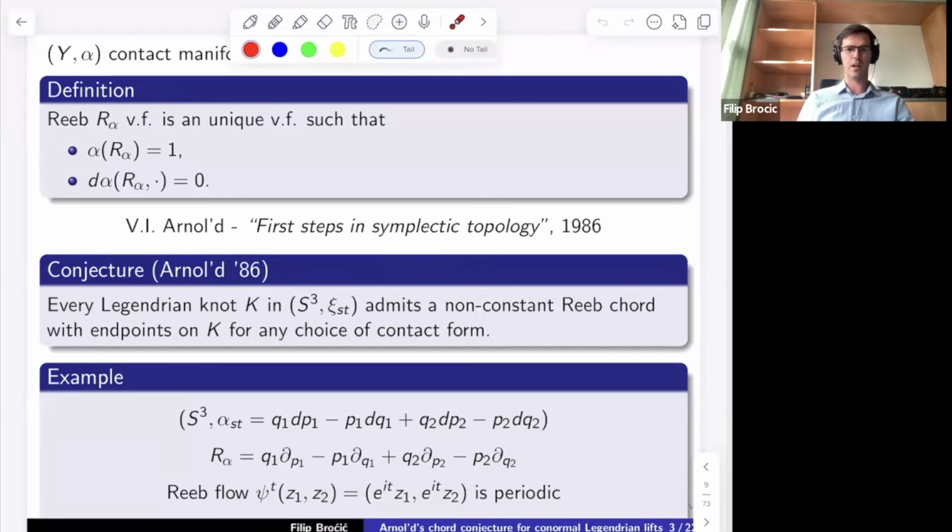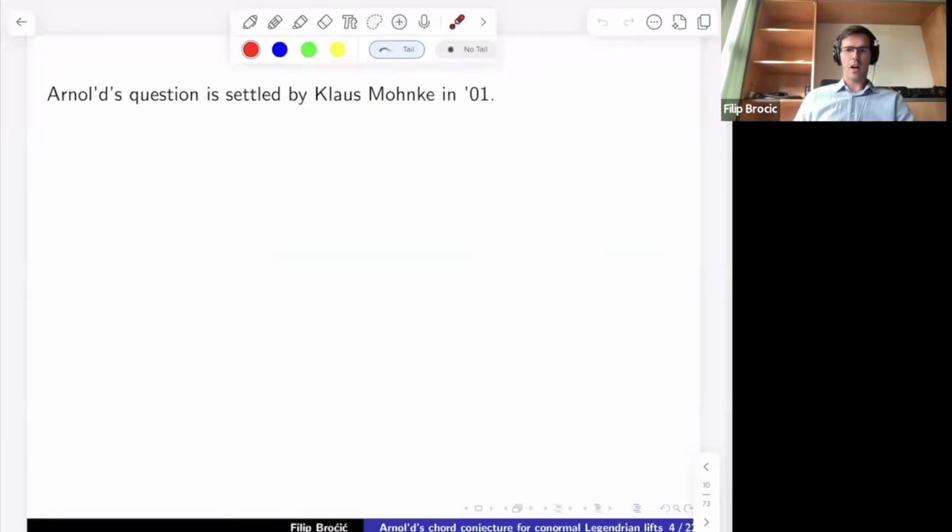But for general knots and more general contact forms and Reeb vector fields which induce the standard contact structure, it's actually highly non-trivial to see that such a result holds. This particular question, posed by Arnold, was solved by Klaus Mohnke, and actually Mohnke proved something more.